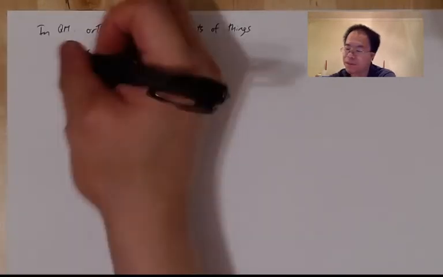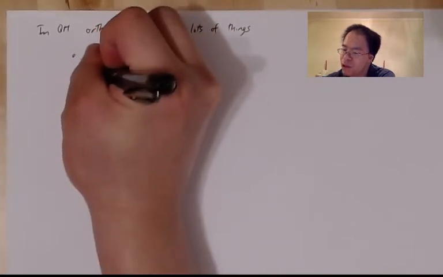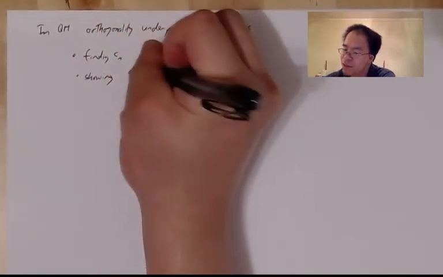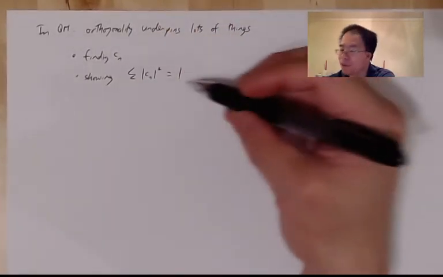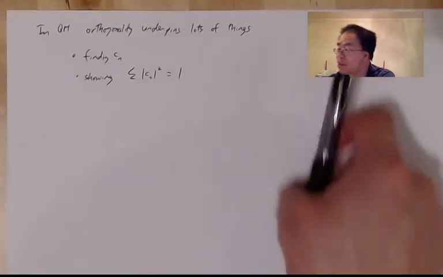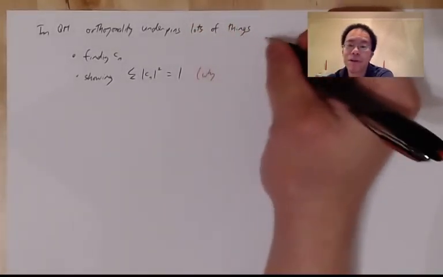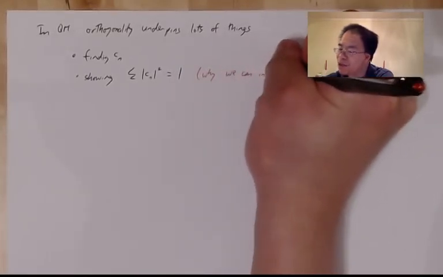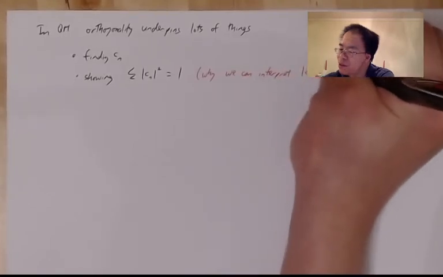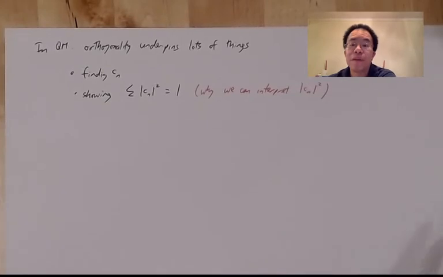It turns out to be critical in showing that the sum of those coefficients modulus squared gives you 1. And this is part of the reason why we can interpret the modulus squared of those coefficients as a probability for measuring energy E sub n.